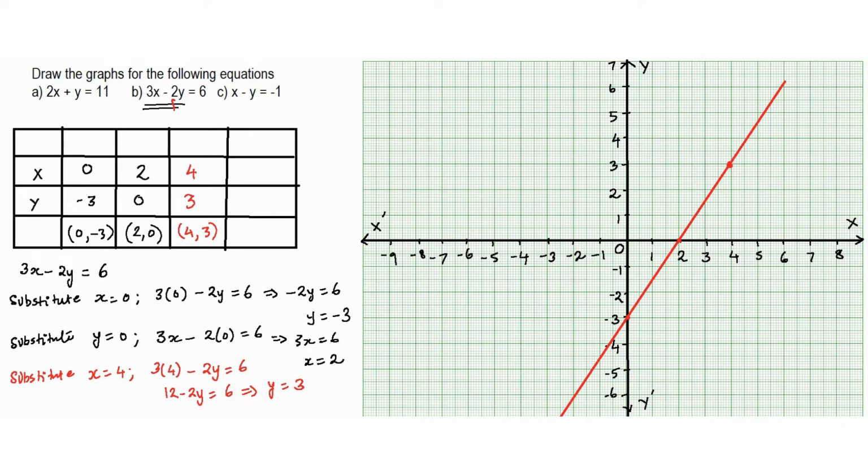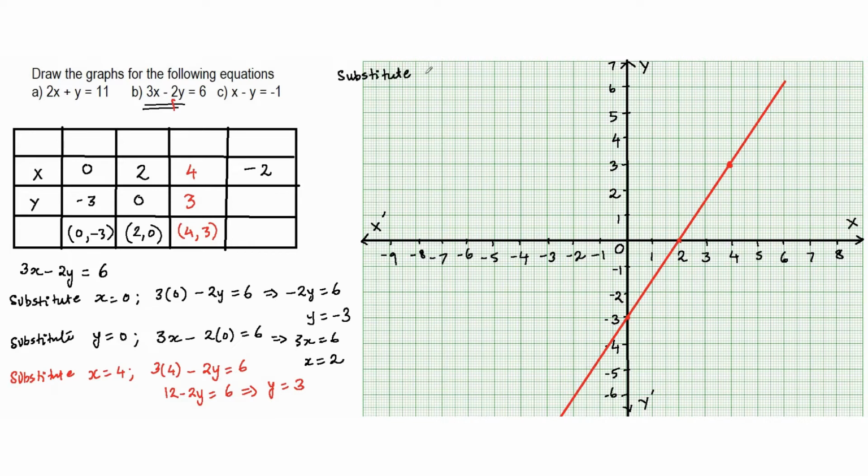Now again, let us increase or decrease the value of x by 2. So let's take x equals -2. I have decreased the value of x by 2 from 0. So now let's substitute x as -2 and find the value of y.